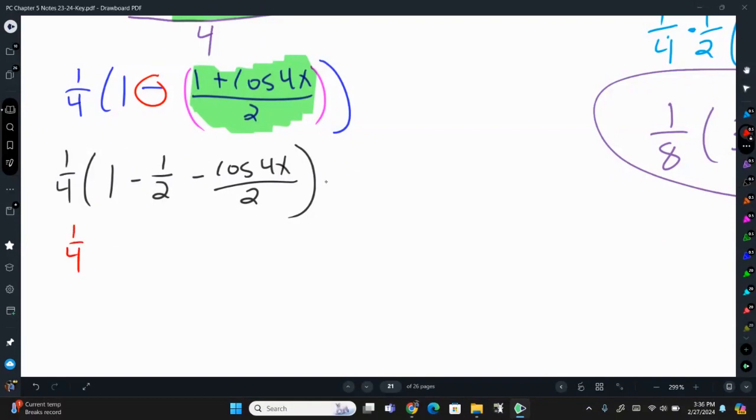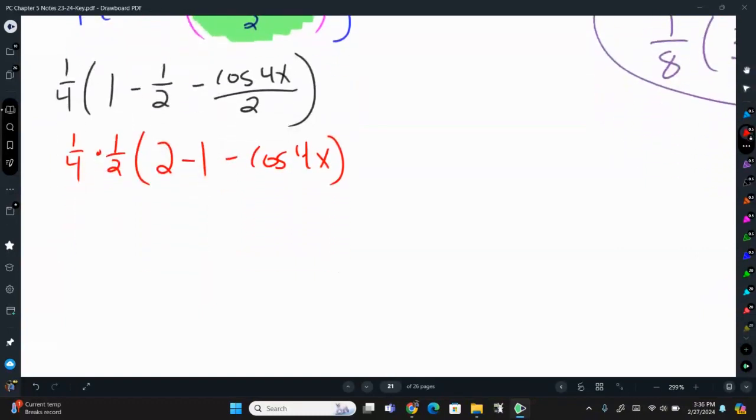So 1/4 times 1/2, and we get 2 minus 1 minus cosine of 4x. 1/4 times 1/2 is 1/8. And then 2 minus 1 is 1. So it's 1/8 times 1 minus the cosine of 4x. And that would be our cosine to the first power.